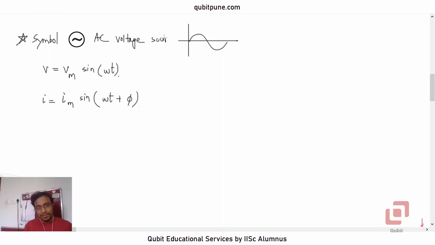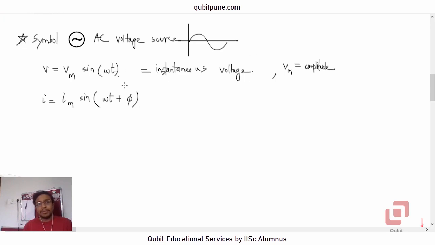So we denote V as Vm sin omega t, where V is the instantaneous voltage, Vm is the amplitude or the maximum value, omega is the angular frequency, and t is the time.